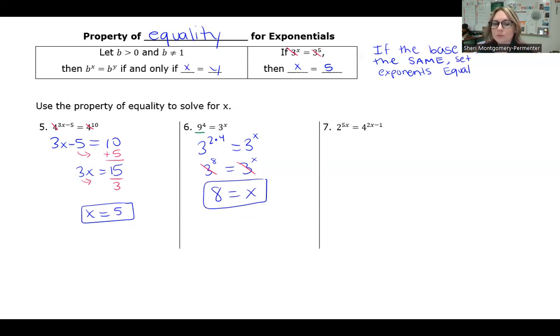The next problem, what do? Yeah, so which one are we going to rewrite? The 4. So I'm going to still have 2 to the 5x power. And then I'm going to have 4 to the 2nd power. And then there was already stuff there. I'm going to leave it there.